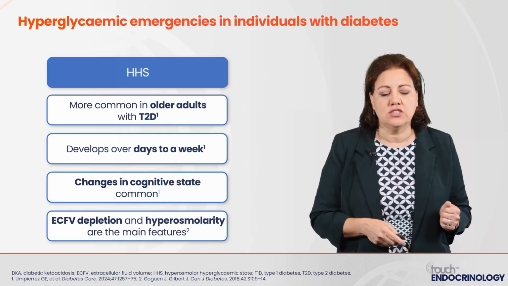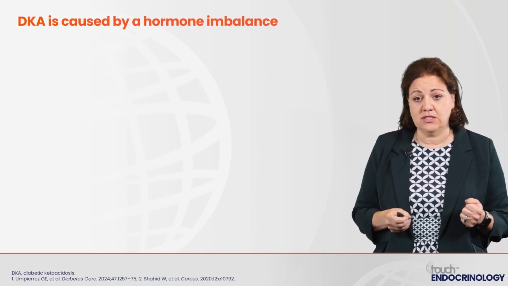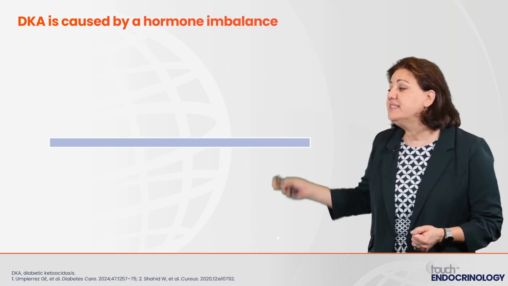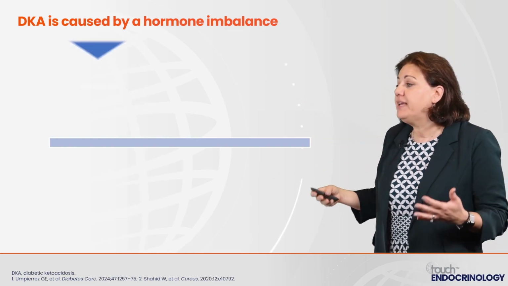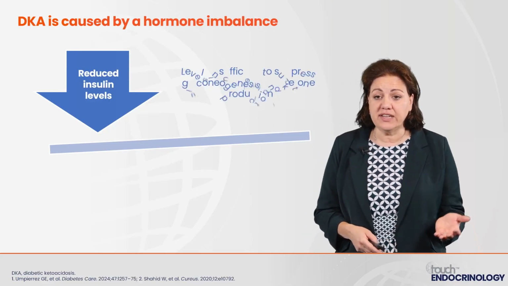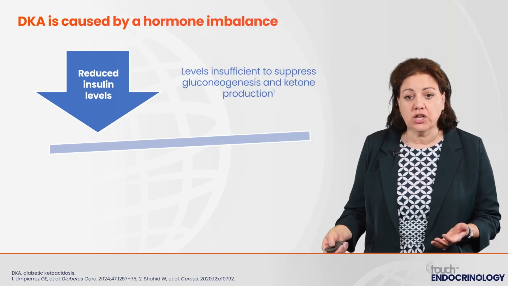But the focus of today's talk is really going to be about diabetic ketoacidosis. We know it's caused by an imbalance in hormones. In the setting of low insulin levels, the body begins to look to alternate sources of fuel, and this includes gluconeogenesis and ketone production occurring.